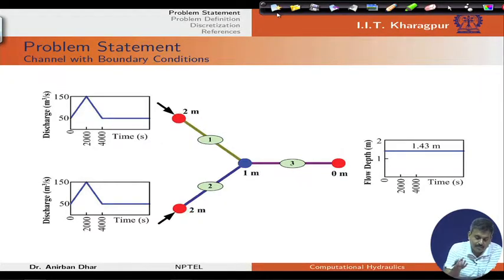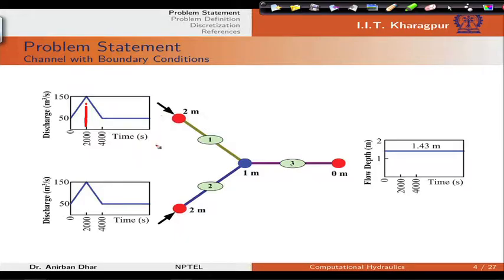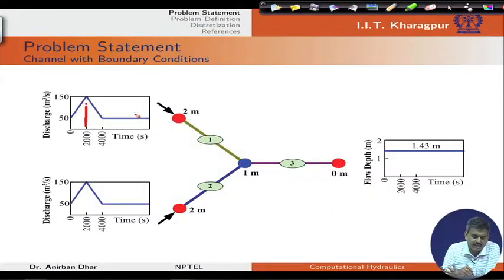Now, for this problem we can see that this discharge is in meter cube per second, and it is varying from 50 and it is reaching a maximum value at 2000 seconds, and again it is decreasing from 150 to 50, and after this 4000 seconds we have a constant 50 meter cube per second discharge for both the inflow sections or inflow junctions.